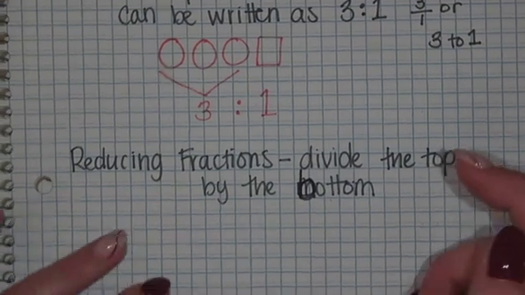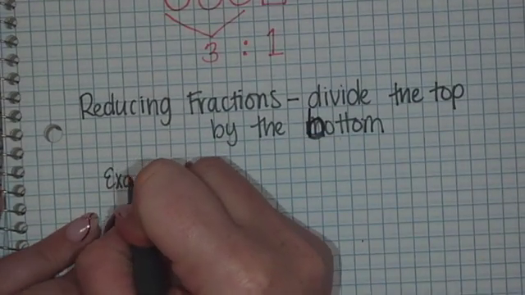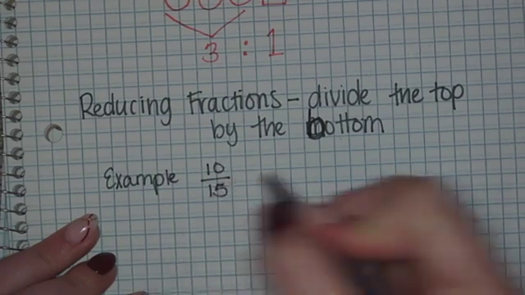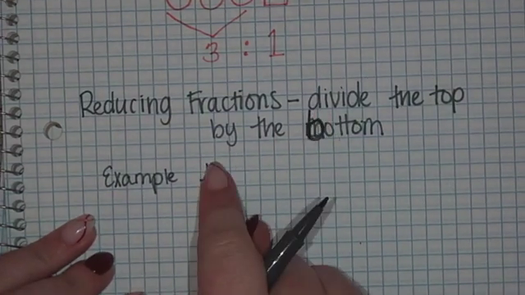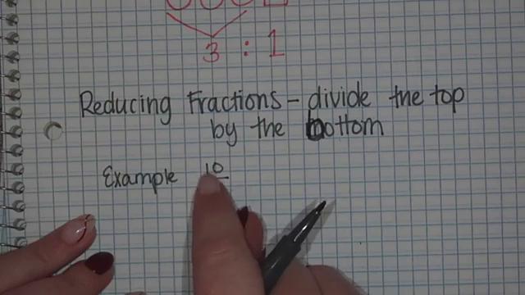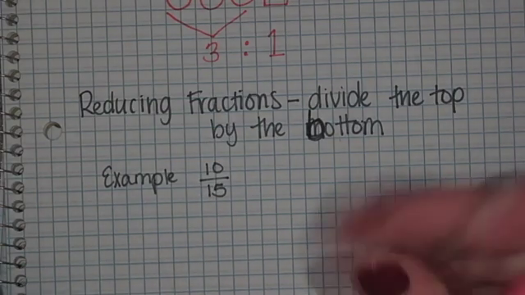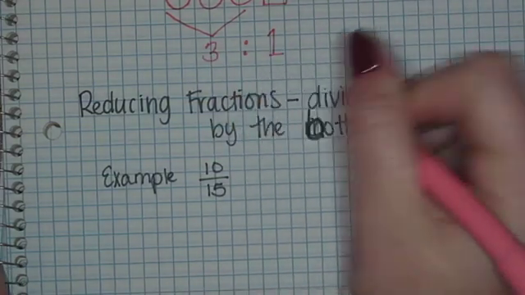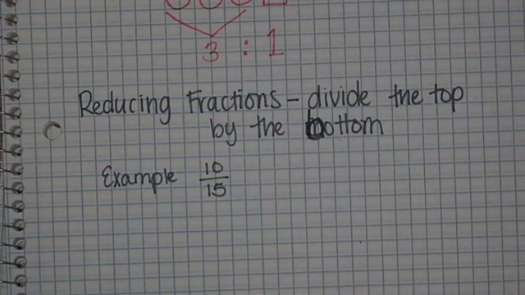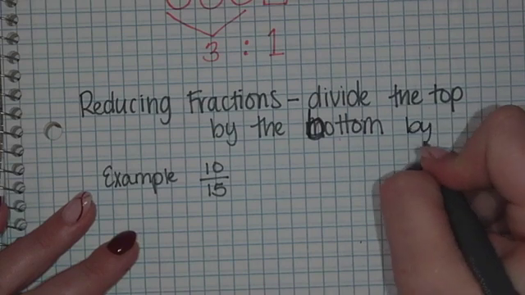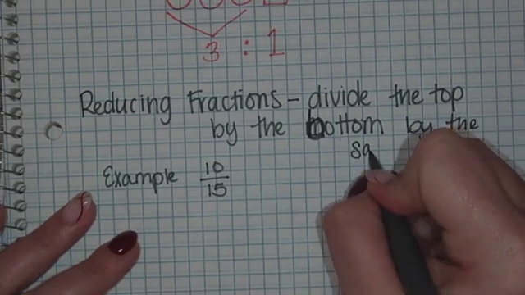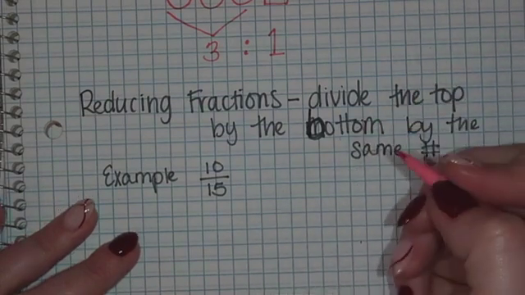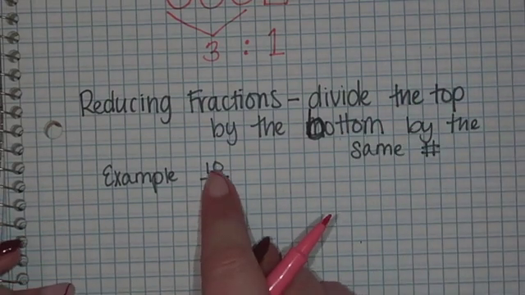So let's say we have an example. If we have 10 divided by 15, remember you have the top divided by the bottom. When you reduce, you divide the top and the bottom by the same number, and it has to be a number that goes into both.